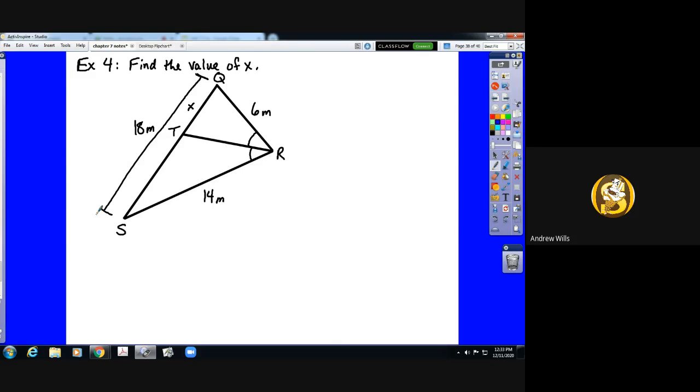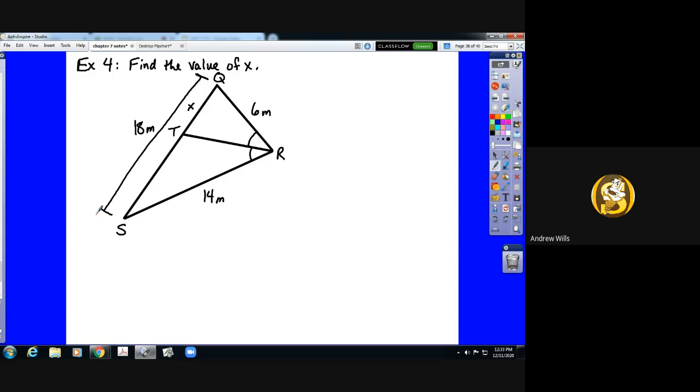So in the chat, please type for me the length in terms of x of segment ST. How long is ST? The entire side length of the triangle is 18. The length of QT is x units.